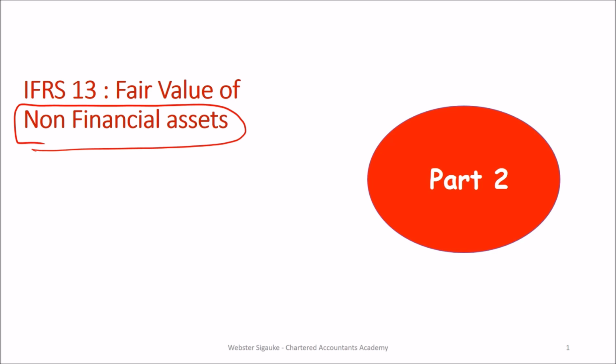The greatest market which we have may be for new laptops, not for used ones. So for non-monetary assets, it's always difficult to find a principal market. Monetary assets are a bit easier because most of the time there's a market with a great volume of transactions in which it will be circulating.